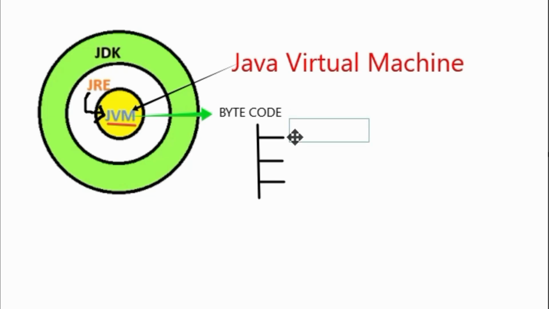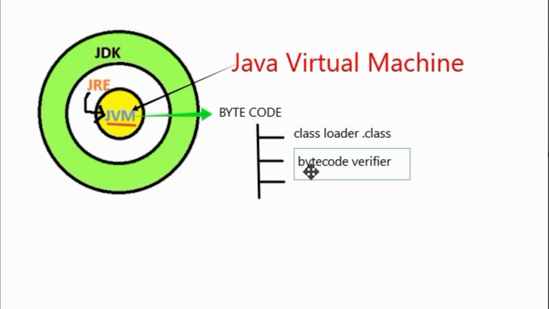First, class loader. It finds your .class files and loads them into memory. Second, bytecode verifier. It checks if your bytecode is safe, no hacking, no crashing.